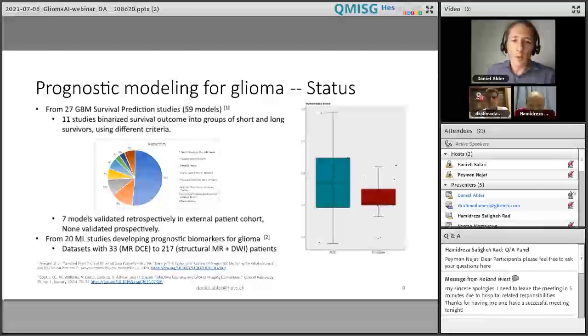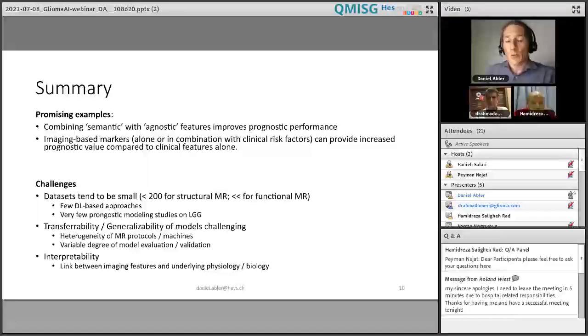Overall, those models work with up to 200 data sets, and much less when we are talking about predictive models based on functional or quantitative MR imaging.